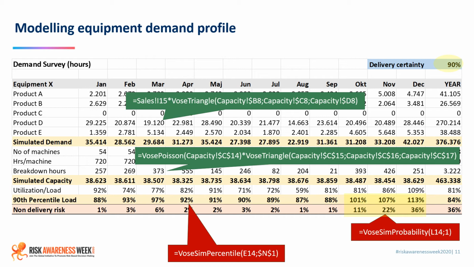In October, it's 11%. In December, there's a 36% risk that we will not be able to meet demand. If you remember from one of the first slides we presented, these are the same numbers as the standard calculation that said, hey, we have an 80% utilization. There is no need for more equipment. Yes, there is a need for more equipment, as we will see in this one.